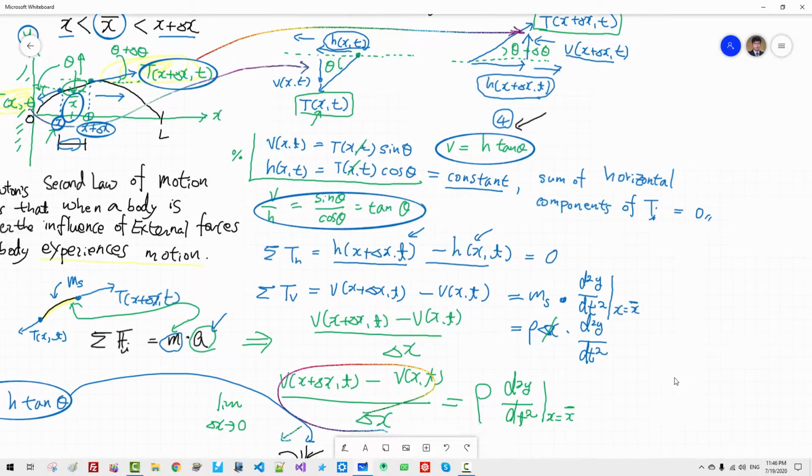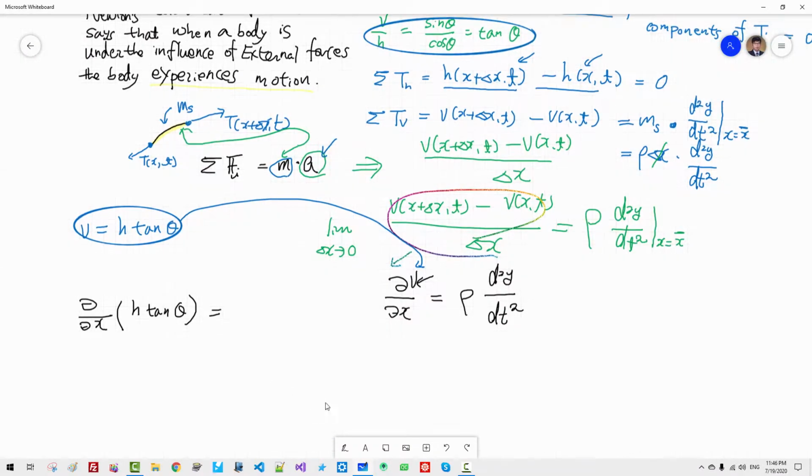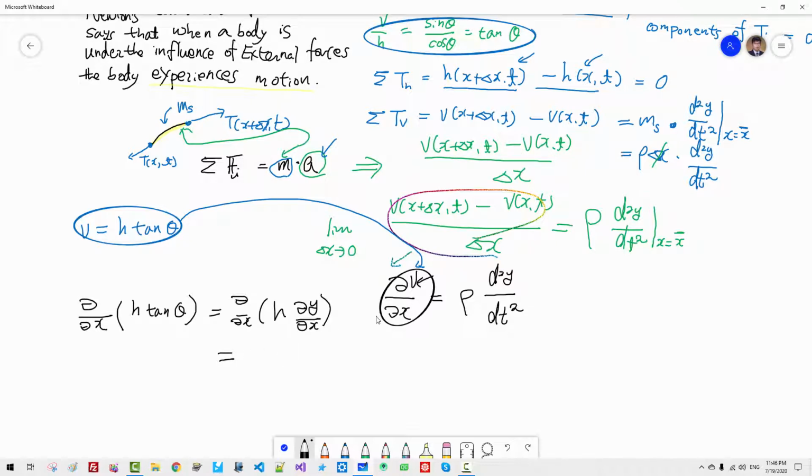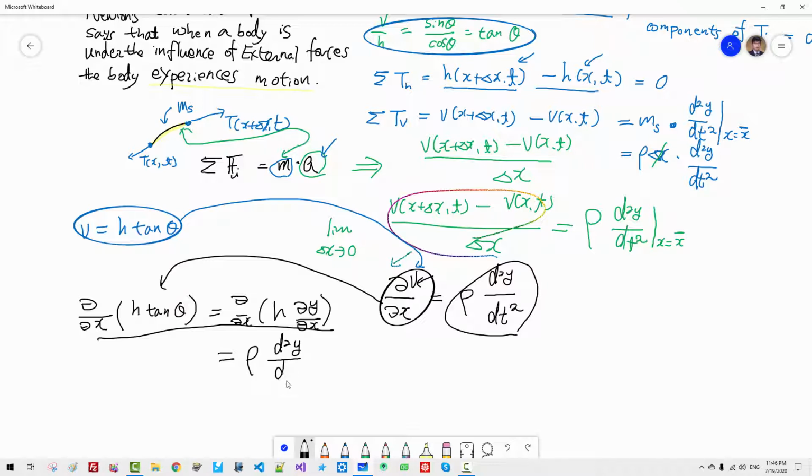I scroll down, so it becomes partial over partial x of H partial y over partial x equals rho d square y over dt square.